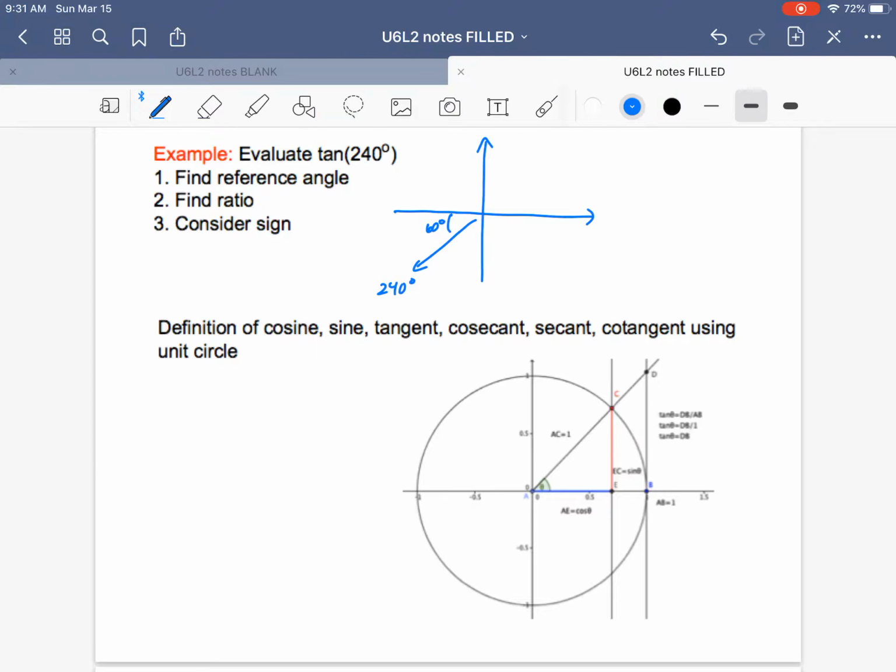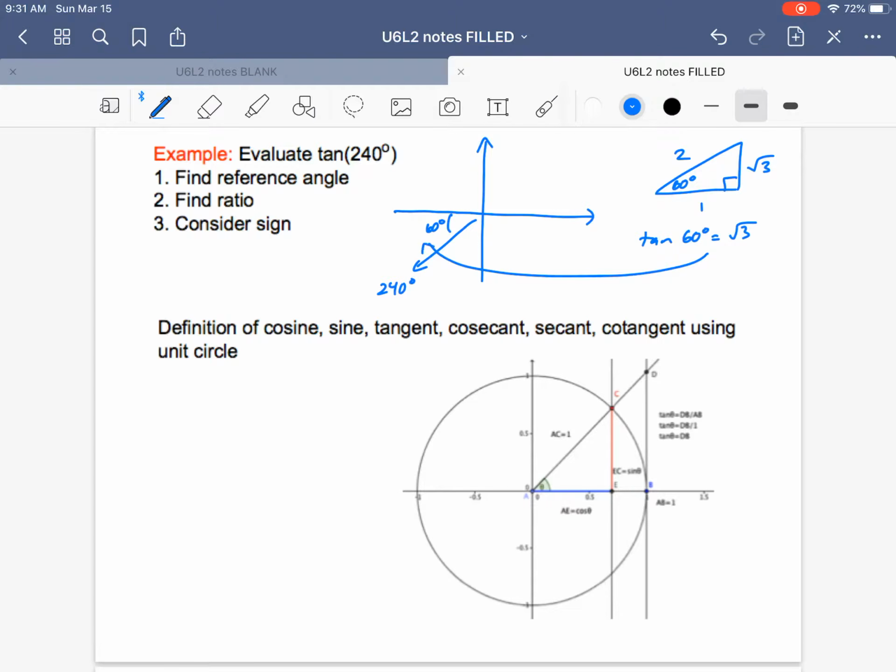Okay, so one way I could do this is draw a right triangle, make that 60, and then fill in what I know. So that means this is 1, this is root 3, this is 2. And so I could say from here, the tan of 60 degrees is equal to root 3.